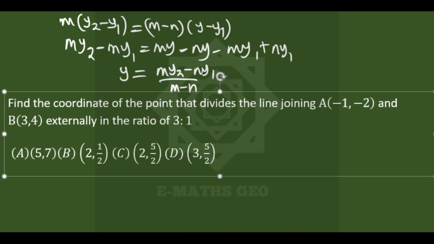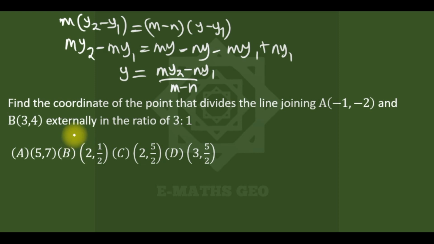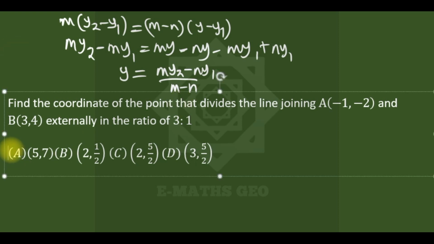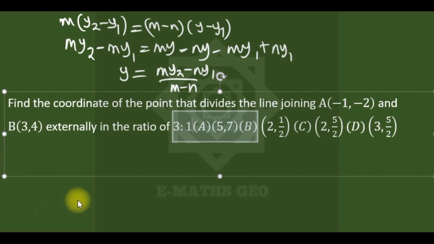So this is almost similar to the other one, the only difference is the external division. So always remember that m is the greater one, the bigger portion of the ratio. So let me shift this so that we'll have space. So let's solve.